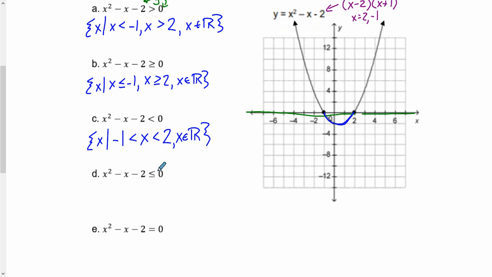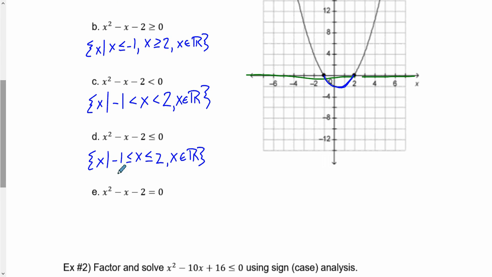If we further ask where is it less than or equal to 0, the only thing that's going to change is what our inequality is. -1 is less than and or equal to x, which is less than and or equal to 2. Just throwing this one in: x squared minus x minus 2 equals 0.